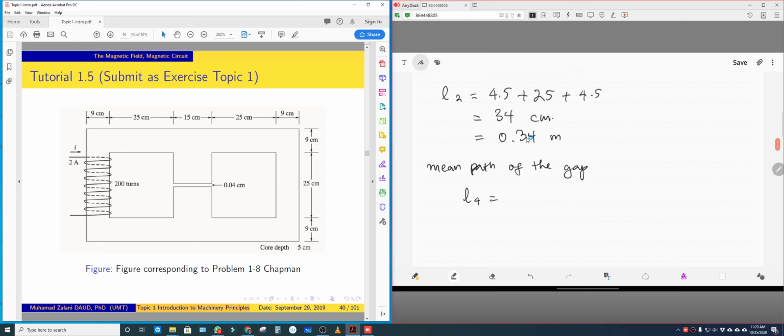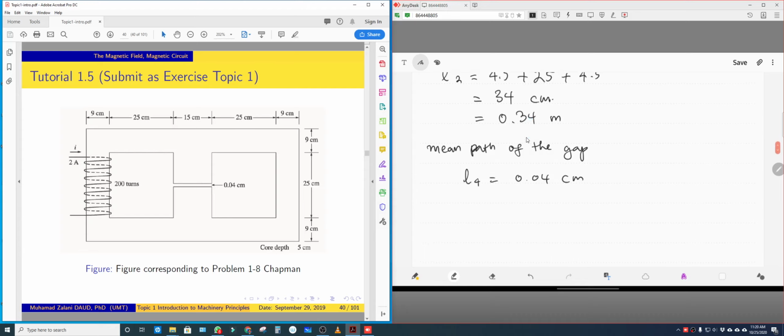So L4 is 0.04 cm as given in the question. So we convert directly to meter, 0.0004 meter.